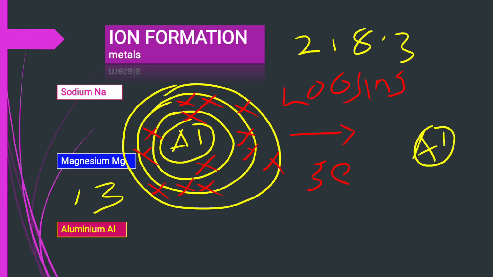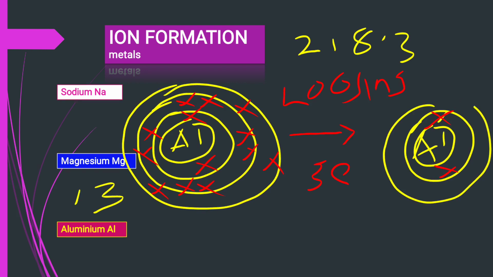How do we draw the aluminium ion? The first energy level with 2 electrons, and then the second energy level with 8 electrons, like that, and then we will enclose it like this and write 3 plus on top.